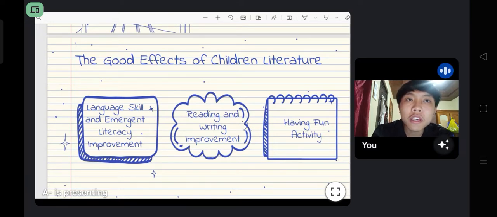Or even speaking and listening, if the teacher can manage or construct learning techniques that involve speaking and listening.